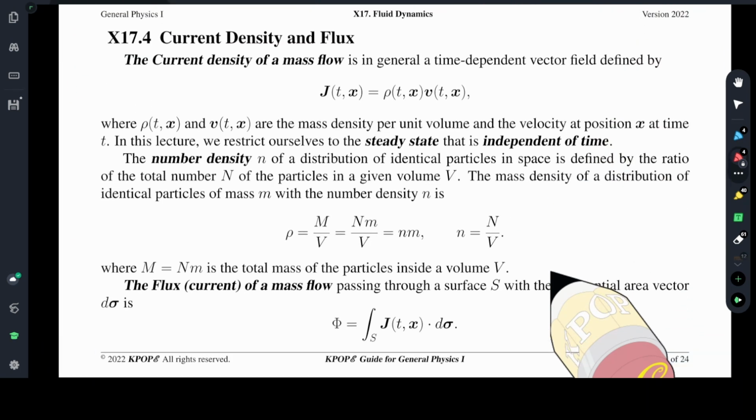Before we go ahead with the divergence theorem, it is good to know what the current is and how the current is expressed in terms of current density. Current is usually used for the charge current, and here we are more interested in mass current instead of charge. So it doesn't matter.